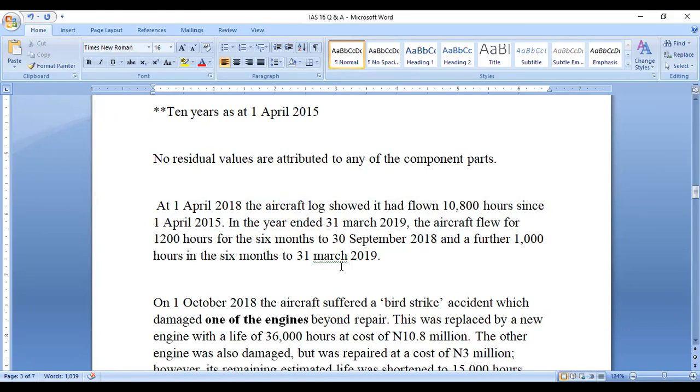The aircraft had an accident on 1st October 2018, right? Yes. So that means it flew again for 1,200 hours for 6 months before it had this accident. So we're going to deduct the current depreciation. That's for this period, that's within the year.